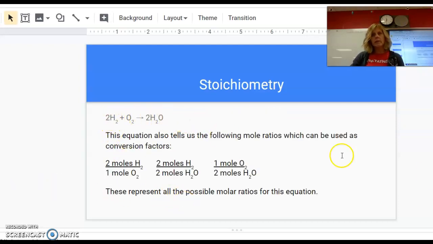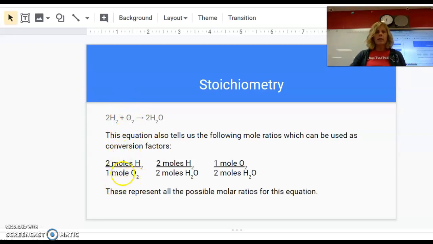From this balanced equation, these are the 3 conversion factors I can get. 2 moles of H2 are used for every 1 mole of oxygen. That's what this tells me: if I have 2 moles of H2, it will react completely with 1 mole of O2.